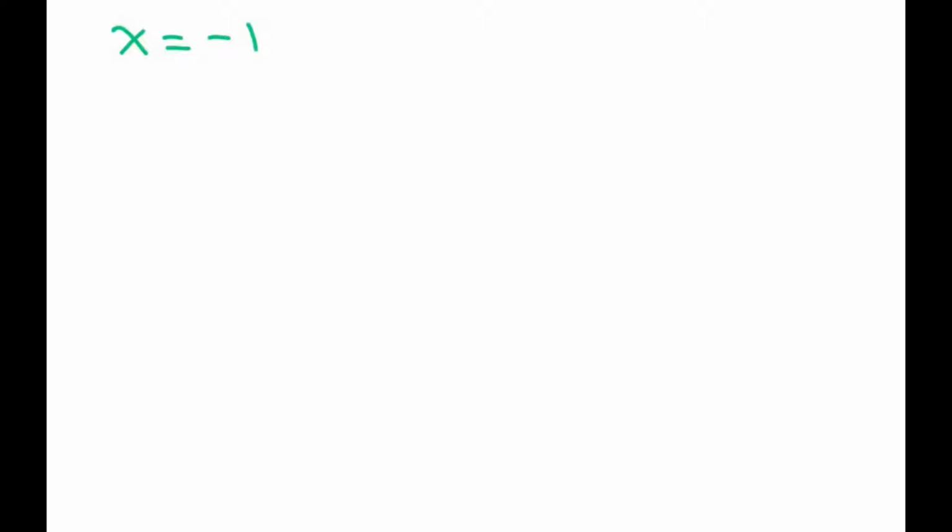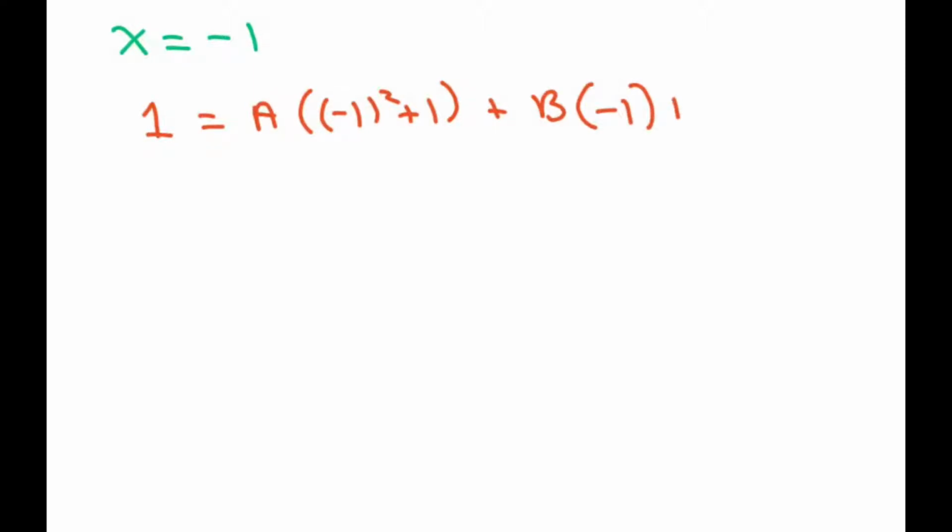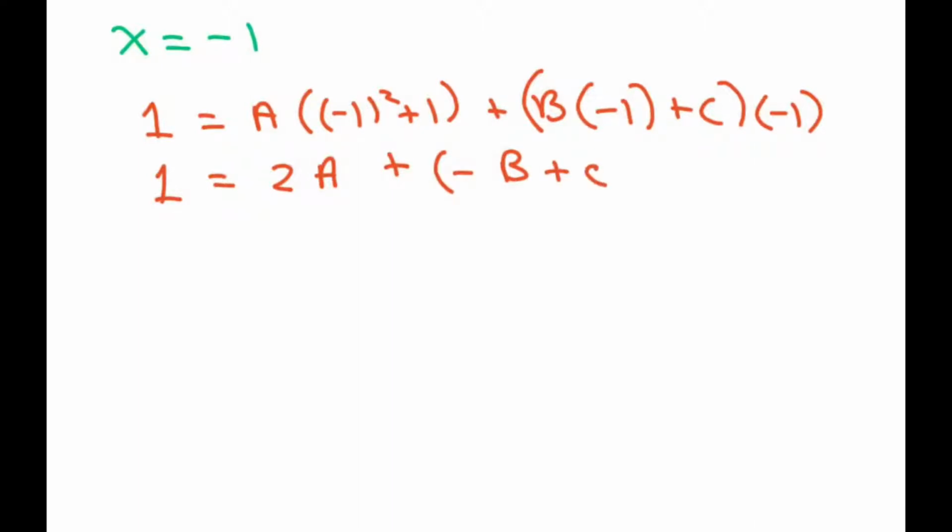We're going to have 1 equals A times (negative 1 squared is 1) so you get 2A, and then B times negative 1 plus C times negative 1, and when you distribute this negative, this is going to equal 1 equals 2A plus B minus C.